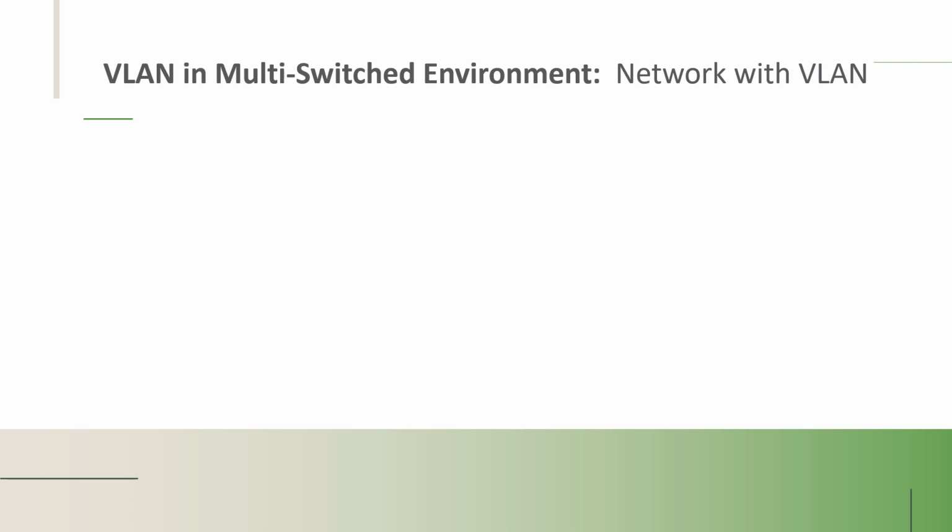This is where the connection between VLANs and IP networks is apparent. A VLAN is the equivalent of an IP network or subnet. VLANs are configured on the switch, whereas IP addressing is configured on the device.